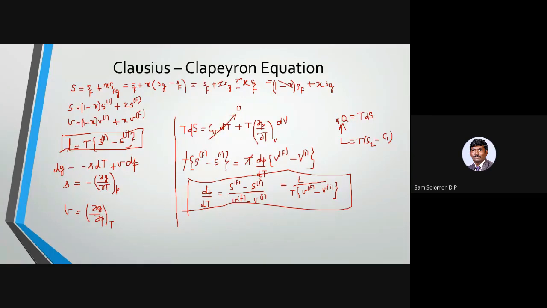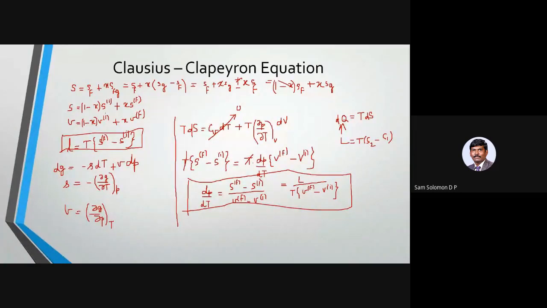They also derive the same thing in another way, using the Gibbs function straight away, but there is not much of a difference, so I'm not going into that. There is nothing complicated or new there. So you can simply remember that dP by dT is L divided by T times the change in volume, the specific volume at the vapor state minus the specific volume at the liquid state. That is your Clausius Clapeyron equation.